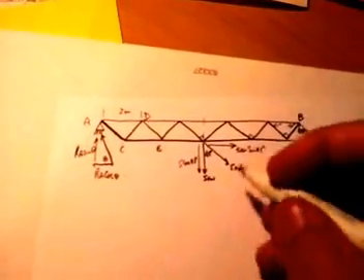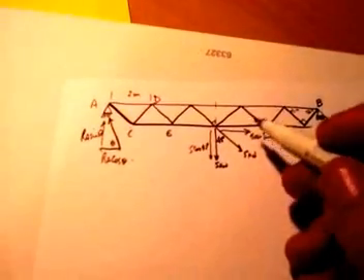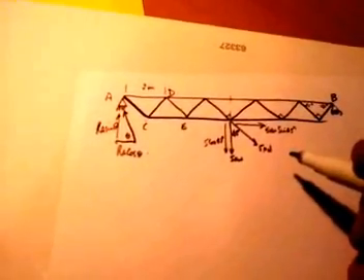Now they're going to be equal because of the geometry of this thing. I've worked out that 5 sine 45 degrees and 5 cos 45 degrees are the same, because sine of 45 degrees is the same as cos 45 degrees.